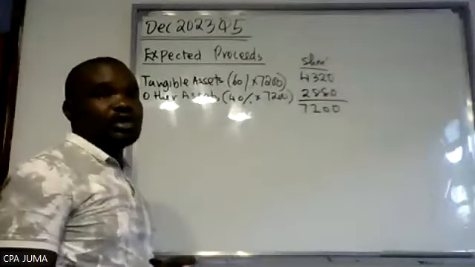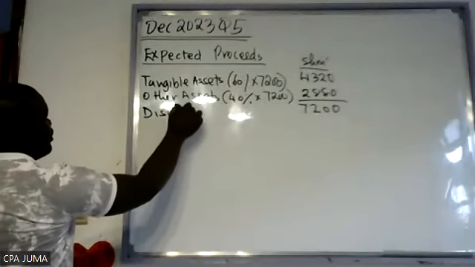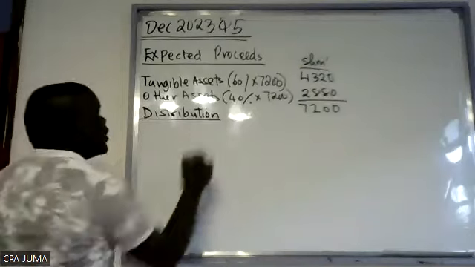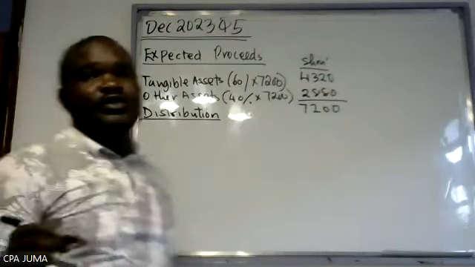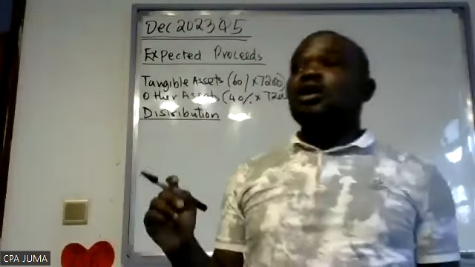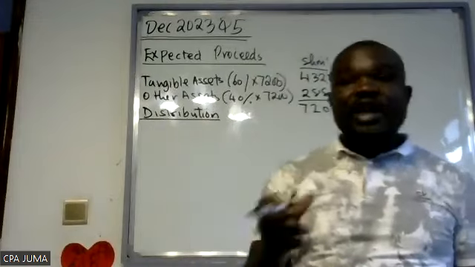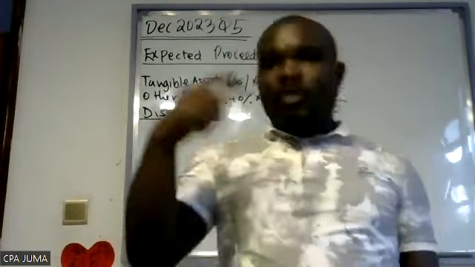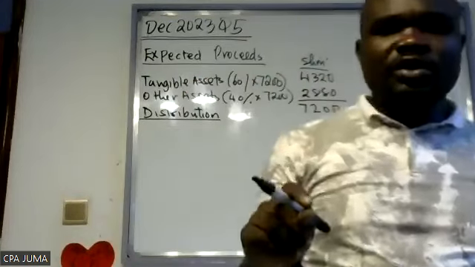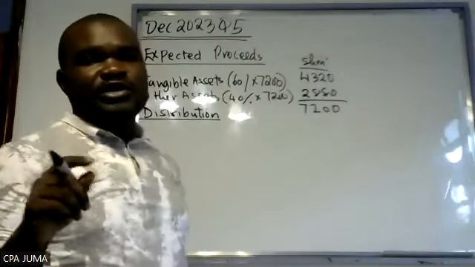Then you distribute. So when carrying out distribution, you start with yourself. You who are proposing the reconstruction, the cost, which here I saw them calling closure costs.